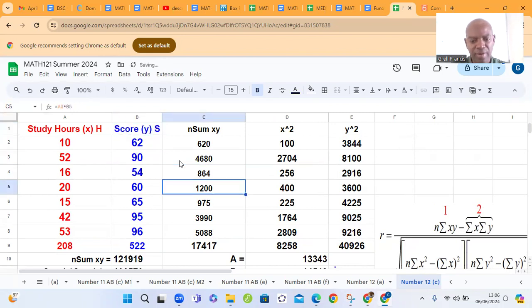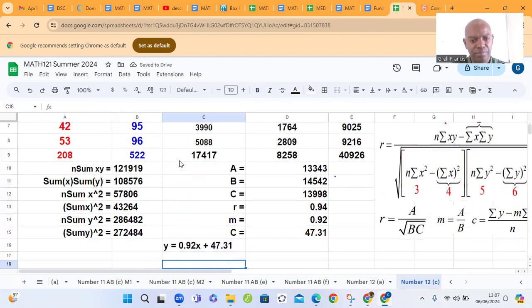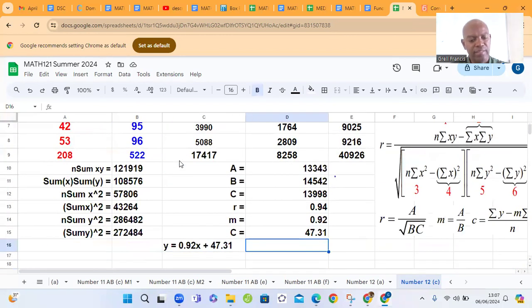So we can particularize this equation and write S is equal to 0.92 times H plus 47.31. So that's the linear model. That's the linear equation that was derived from this data set using least squares.